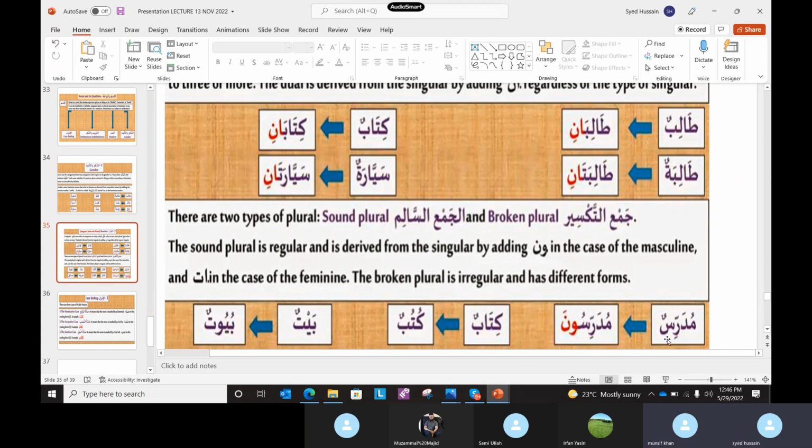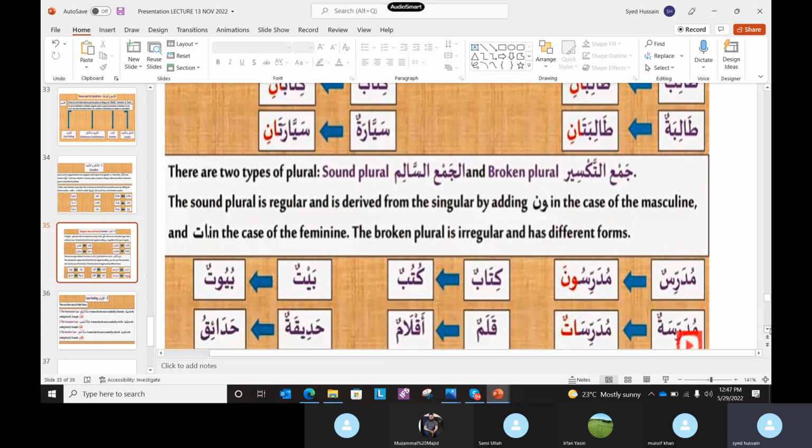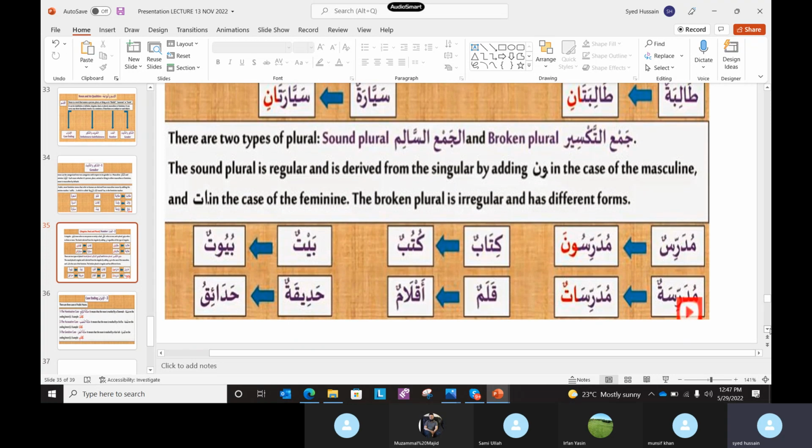So this is what we call Jama Salim. We have something like una, waw, noon. It is called Jama Salim. That basically you have the same sound, but it is in singular. But once there is a plural, the sound is completely different. Kitabun, kutubun, baitun, buyutun. See, it's a completely different sound. So inshallah, we will do a little bit more after that.